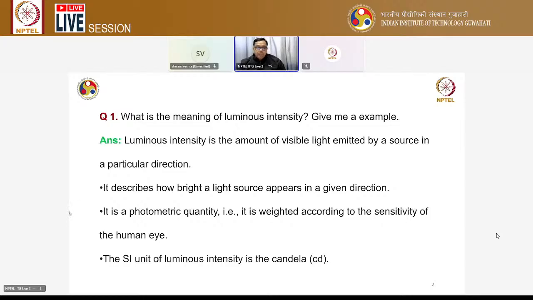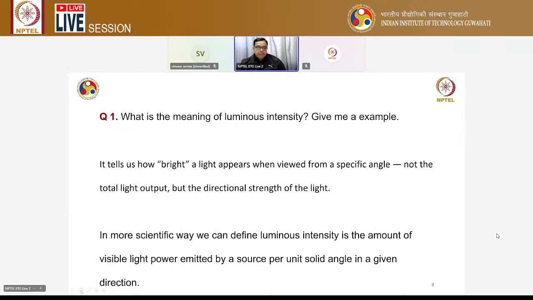But the ultimate aim of today's doubt clearing session is to understand luminous intensity like a layman. The luminous intensity tells you how bright a light appears when viewed from a specific angle. The angle also plays a very important role, and in the formula for calculating luminous intensity, we'll see how to include this angle mathematically.